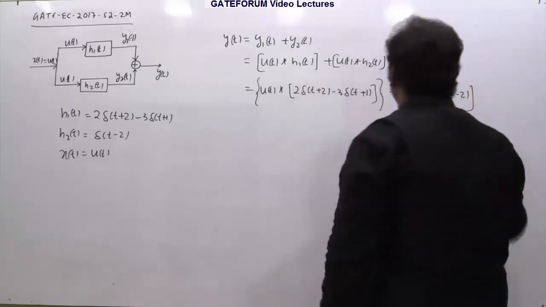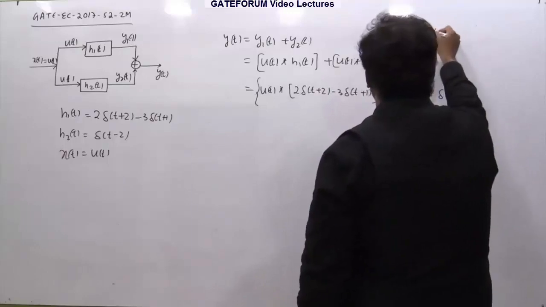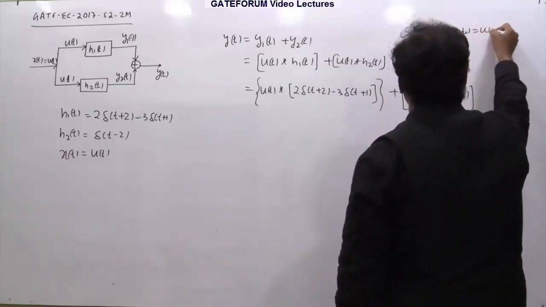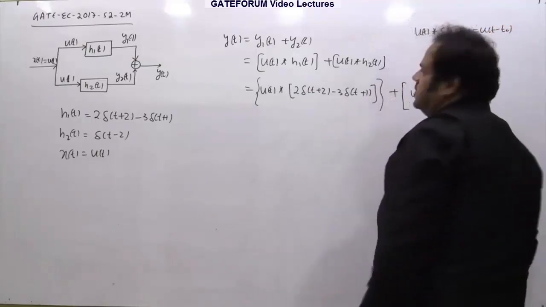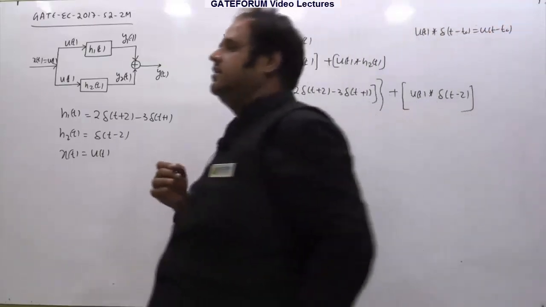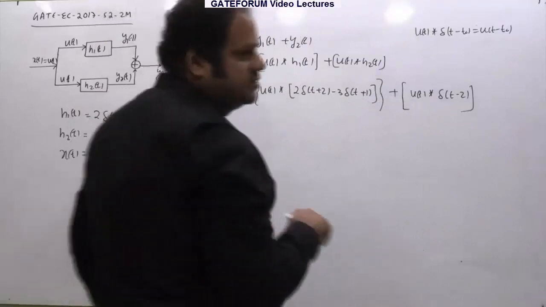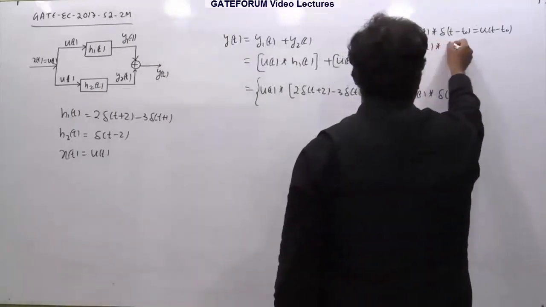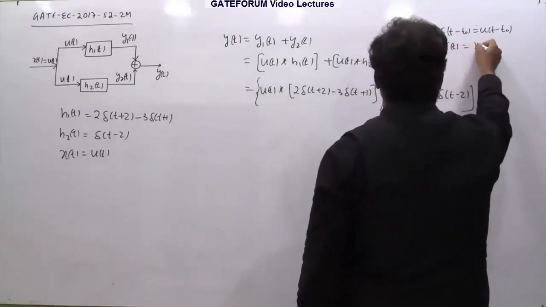And I think you know this, like u of t convolved with delta of t minus t naught is given by u of t minus t naught, right? Any signal convolved with the impulse signal becomes the same signal. So in other words, x of t convolved with delta of t is equal to x of t.